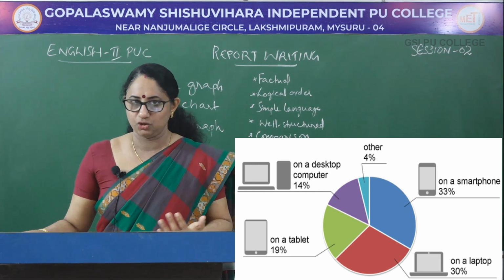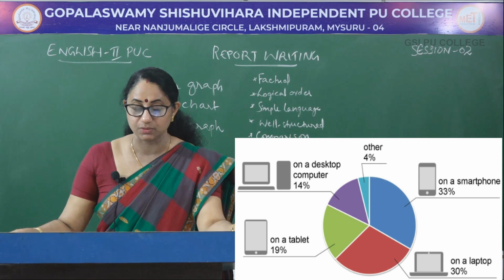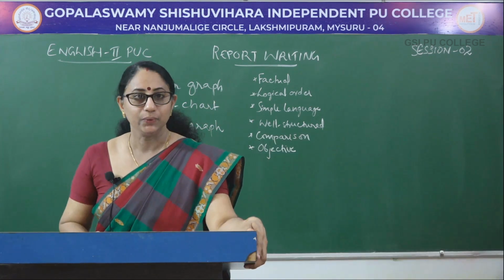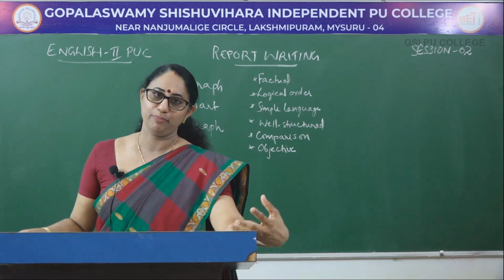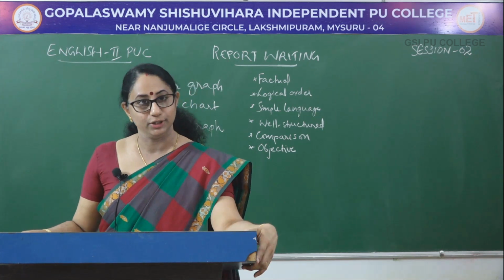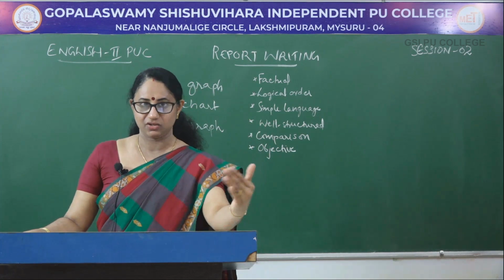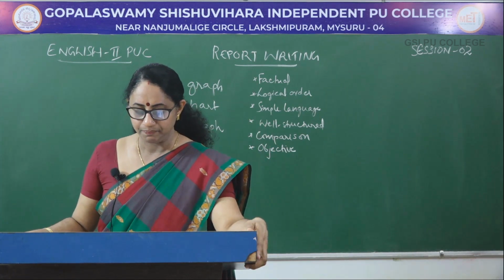What have we understood? How do we interpret this pie chart? So let us read the report. I have prepared a report based on our conclusions. You just see this. Just let us have a reading of that.